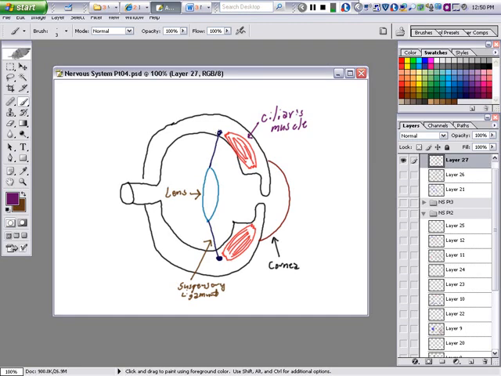So if you want the ciliaris muscle to relax, do you need an inhibitory receptor or a stimulatory receptor? You need an inhibitory receptor. There are two types of inhibitory receptors, alpha 2 and beta 2. Which one is it going to be? Beta 2. Make sense?